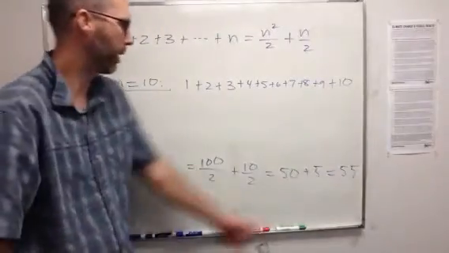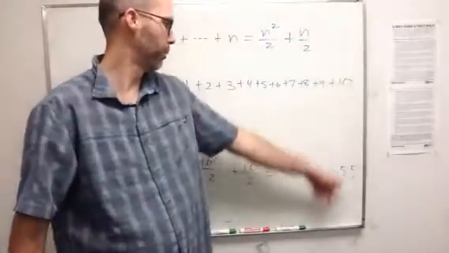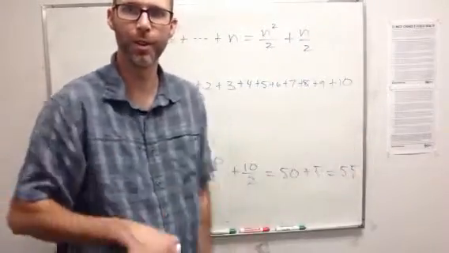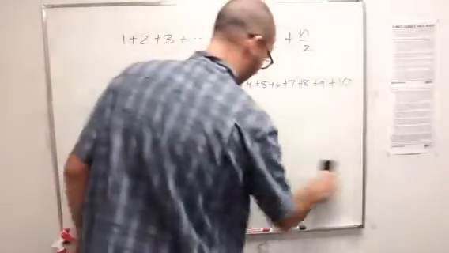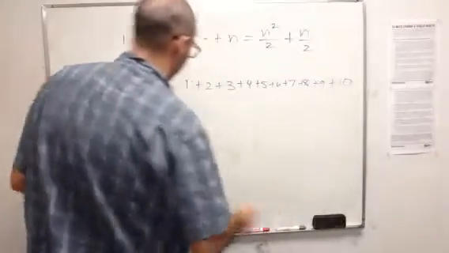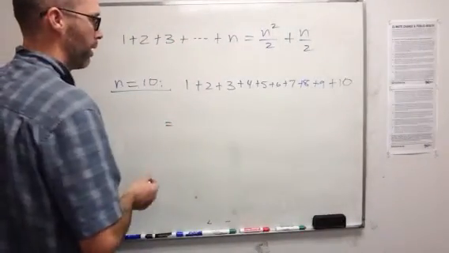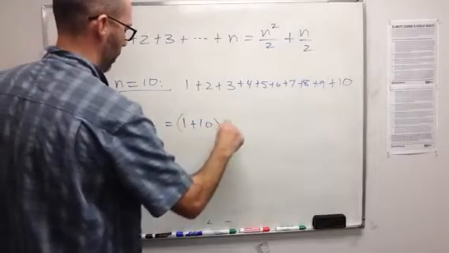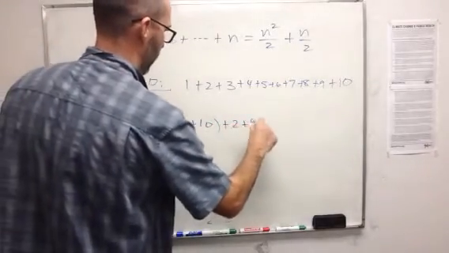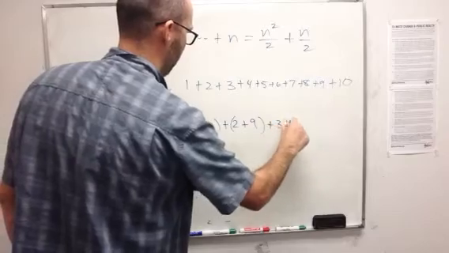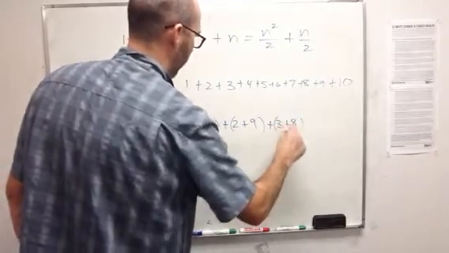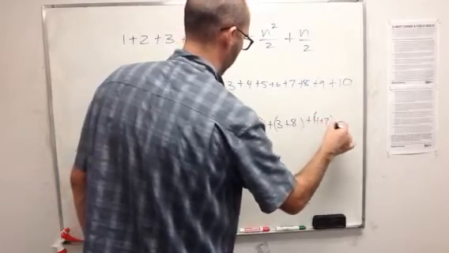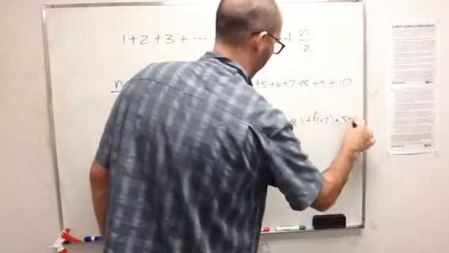You might say, hey, I don't believe you that when you add all these up you get 55. So maybe you should just add them up, and then you will know that it does equal 55. But let me show you another way you could do this. You could rearrange it: 1 plus 10 plus 2 plus 9 plus 3 plus 8 plus 4 plus 7 plus 5 plus 6.